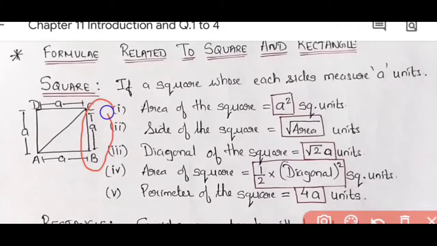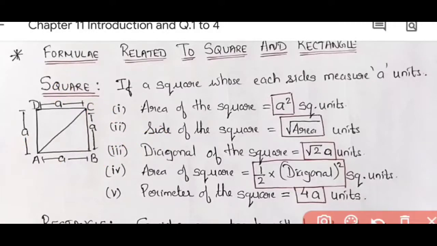It is the measurement of the side. Suppose in place of A they have given you 3, and you know in a square all the sides are equal. So what will be its area? Instead of A we will write 3 into 3, that is A into A. So 3 into 3 is 9. Now if it is centimeter, we will write 9 centimeter square or square centimeter.